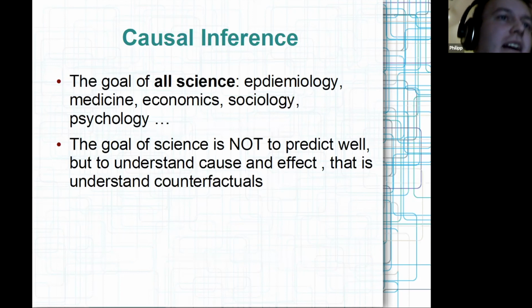How would the survival rate change if the patients were given a drug A instead of drug B? What would happen if we were to implement a law that prohibits smoking? Would we see an increase or a decrease in lung cancer rate?